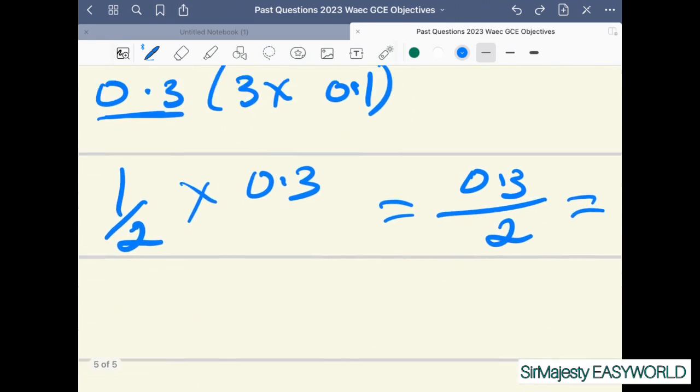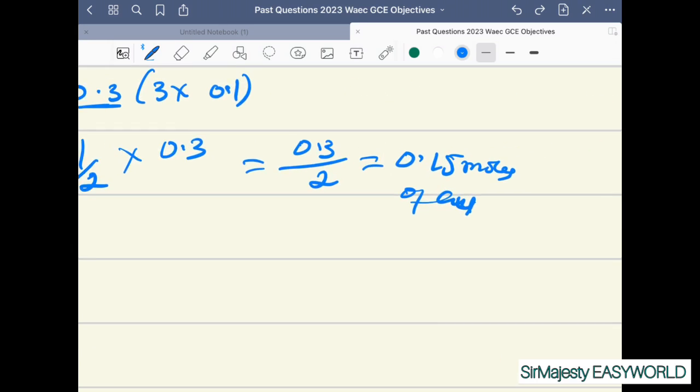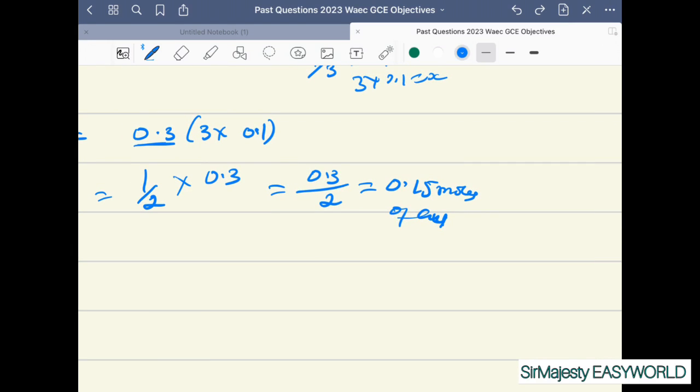To convert the number of moles of copper to mass, you use the same formula, which says N equals reacting mass or given mass over molar mass. Our N here is 0.15. 0.15 is equal to the reacting mass, that's what we don't know, over the molar mass of copper, which is 64.